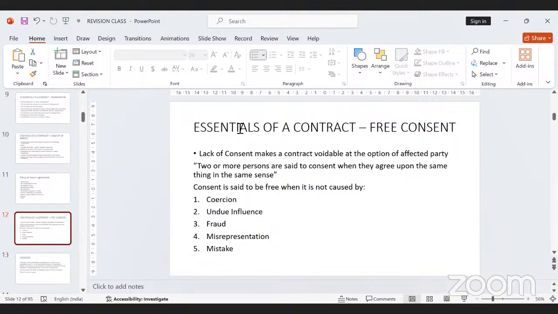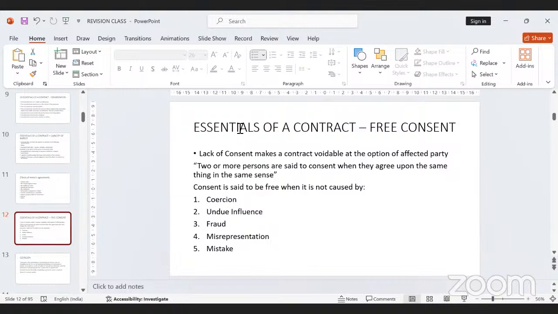Again, for free consent. When do we say that consent is free? When both the parties agree upon the same thing in the same sense. So I have asked X, will you buy my house for 1 lakh rupees? If X also agrees to it and says yes, then we can say that the consent is free. But take for example, X does not want to buy my house, but I threaten X. If you don't buy this house, I will harm you, or I will trouble you, or I will kill somebody in your family.